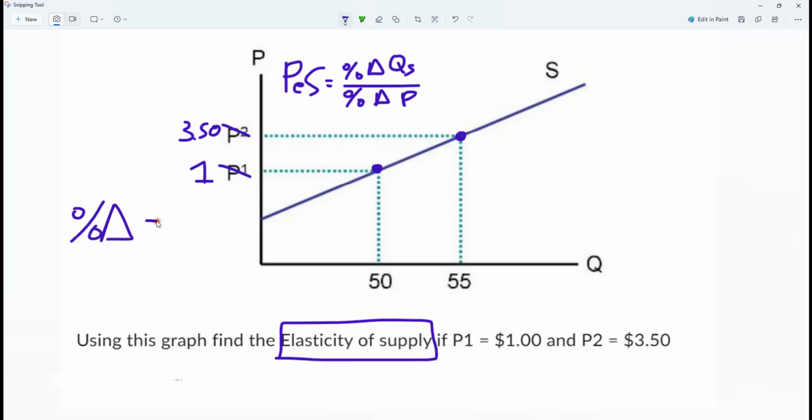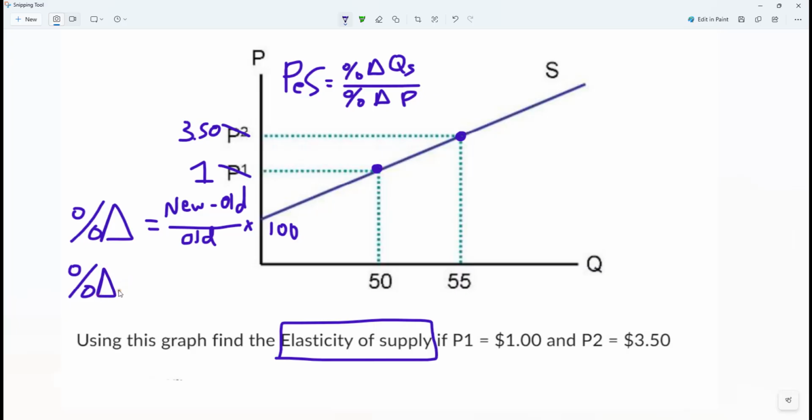So percent change formula normally is just the new value minus the old value over the old, and then multiply by 100. Another way to say that is to just take the difference over where you came from. Now, this is the regular way, the non-midpoint way. Now you'll get a different answer if you're going up the supply curve rather than going down the supply curve. So to account for this, we use the midpoint method.